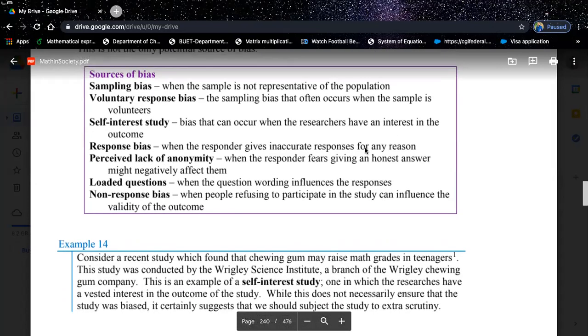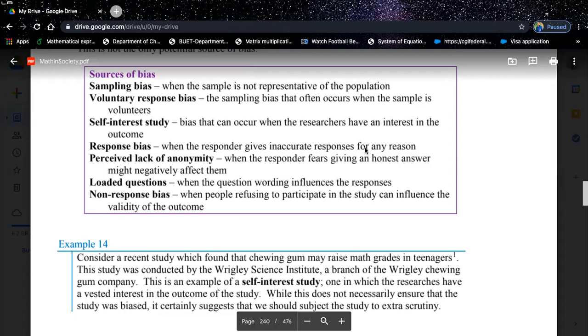Example 14. It says consider a recent study which found that chewing gum may raise math grades in teenagers. This study was conducted by the Wrigley Science Institute, a branch of the Wrigley Chewing Gum Company.